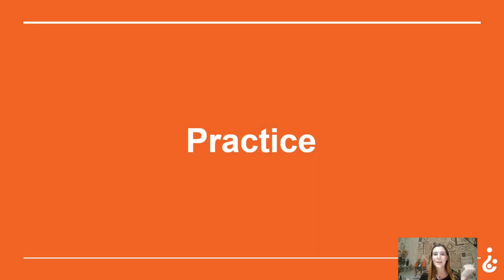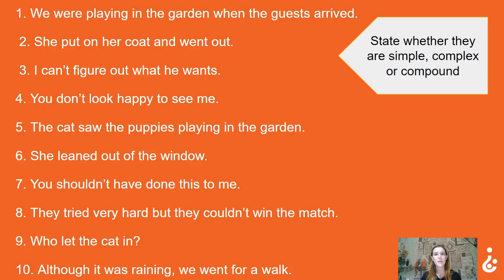Good. And now we'll do a little practice. Here you should state whether these sentences are simple, complex, or compound. We were playing in the garden when the guests arrived. She put on her coat and went out.